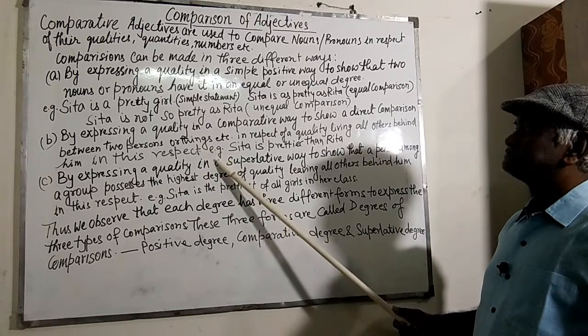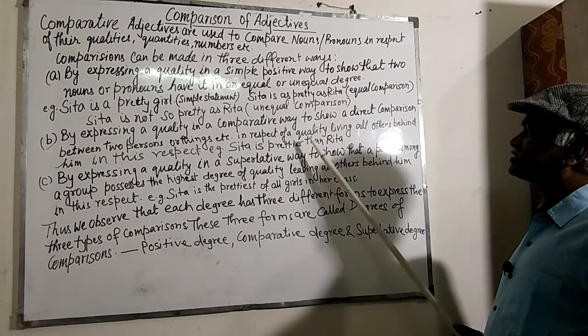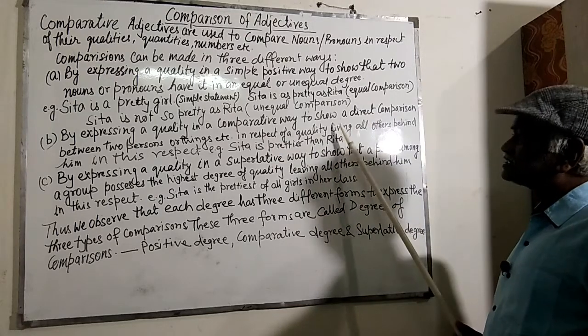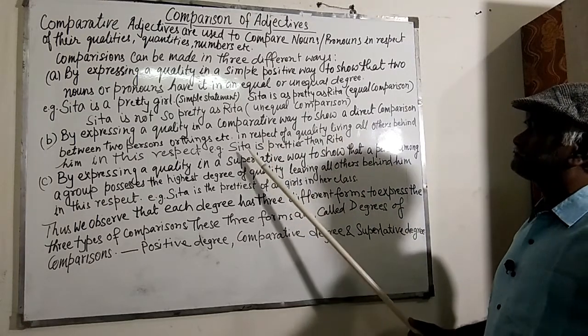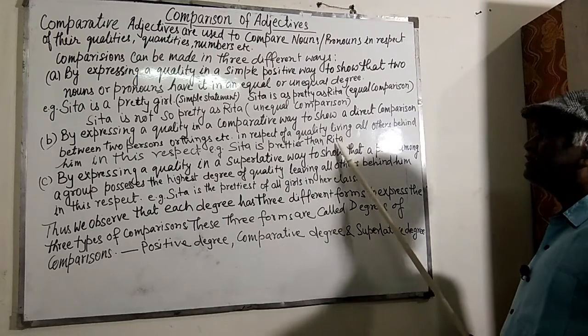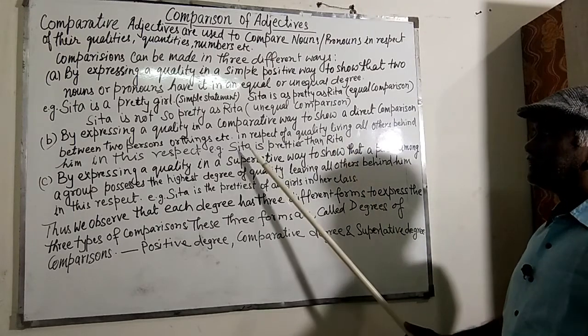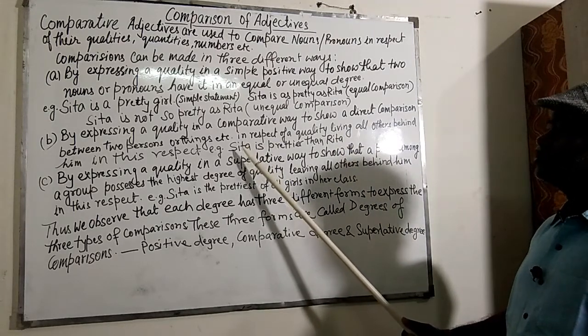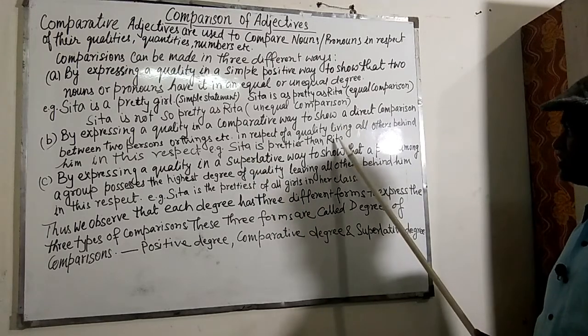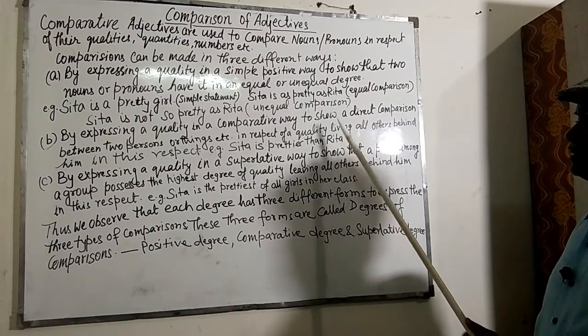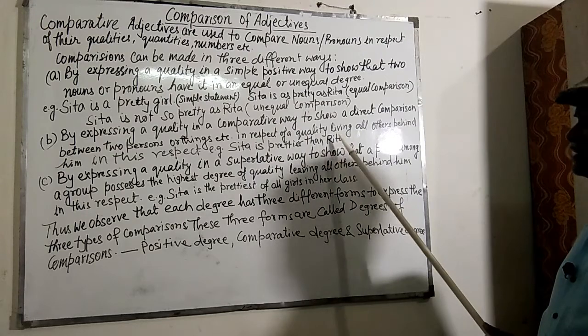For example, Sita is prettier than Rita. That means here Sita is superior in prettiness than Rita. So I am making comparison between two here, Sita and Rita. Sita is prettier than Rita.